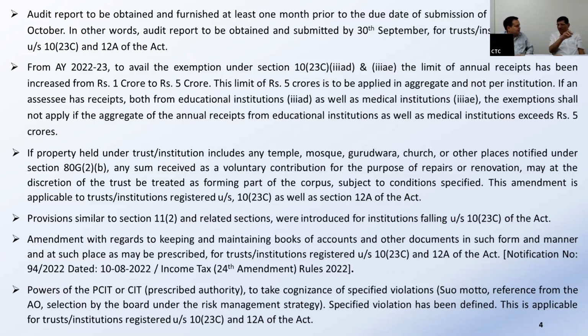Now, my only concern here is: why are accounts required? The accounts are required by the assessing officer or income tax department for the assessment when you file the return. Right. For doing a proper assessment, they require books of accounts. And why audited? Because it is audited by a chartered accountant, so they can rely on that.